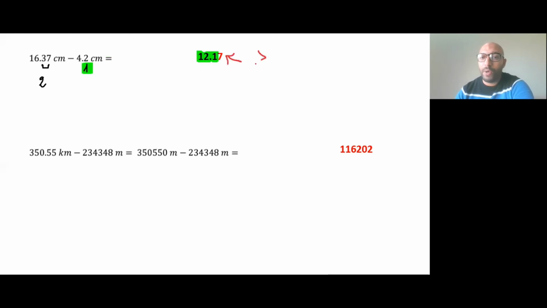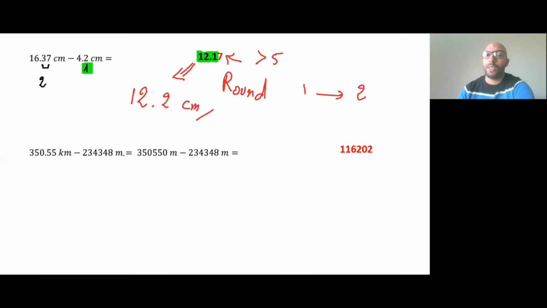This 7 is greater than 5, so we have to round. Okay, what we will round? We will round this one. We round 1 to 2. And the result will be, of course, 12.2 centimeter. Very good. This is our result.